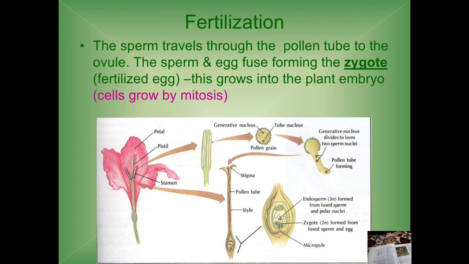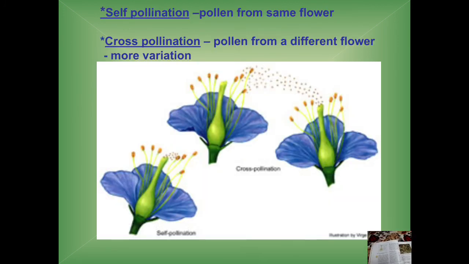So this process is called fertilization. Next one is self pollination and cross pollination. So students, there are two types of pollination, self and cross. Self pollination occurs in the same flower, and cross pollination occurs in different flowers, which brings variation.